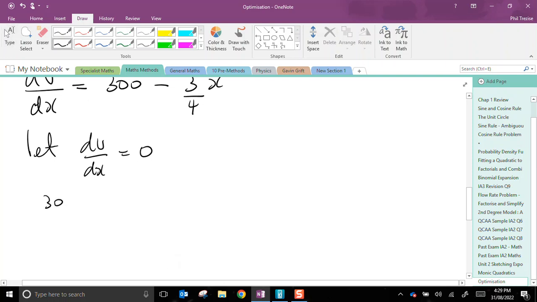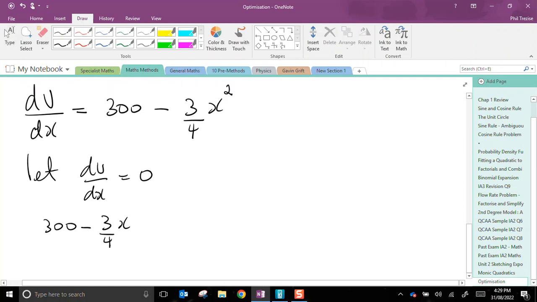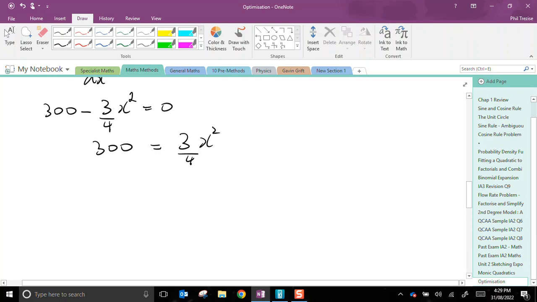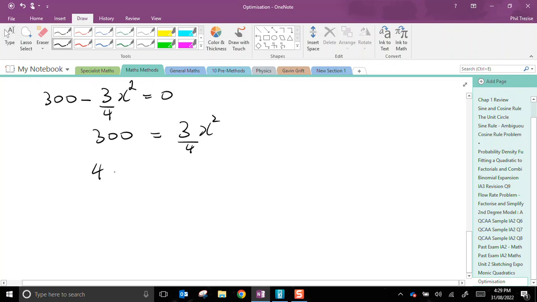So 300 minus 3 over 4, and that was a squared, wasn't it? x squared equals 0. So we'll add that to the other side. Now it's probably time to multiply the 4 by the 300, and let's divide by the 3 while we're at it. That's x squared. That becomes 100.